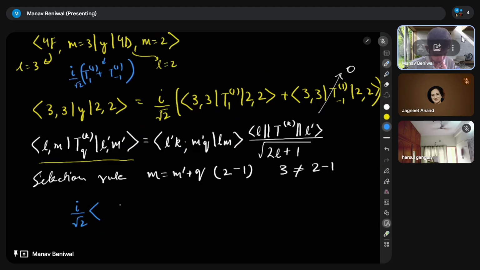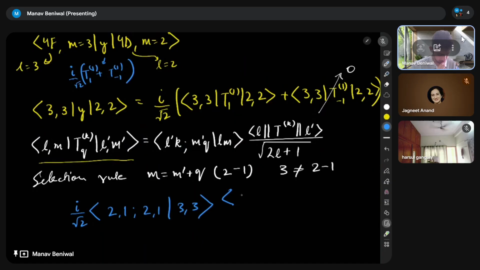So here L prime is 2, k is 1, and m prime is 2, q is 1, and this thing with 3 comma 3. And what will be this thing?